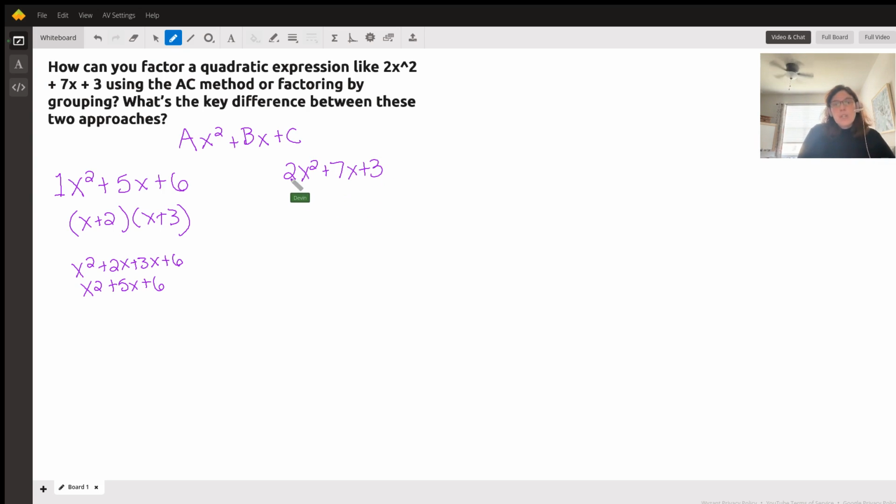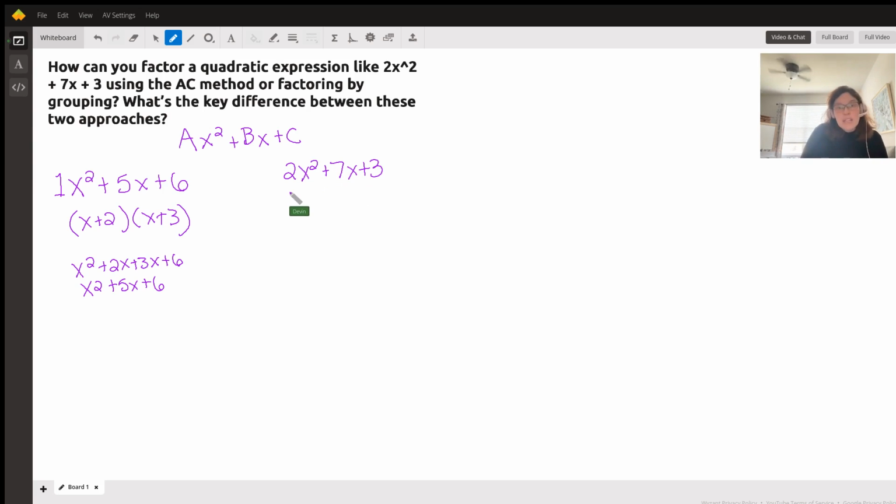Now we're going to use the AC method. So we multiply A, which is 2, by 3, which is C, and we get 6. Now what two numbers can we multiply together to get 6, but when added together, make B, which is 7? So we know that is going to be 1 and 6.